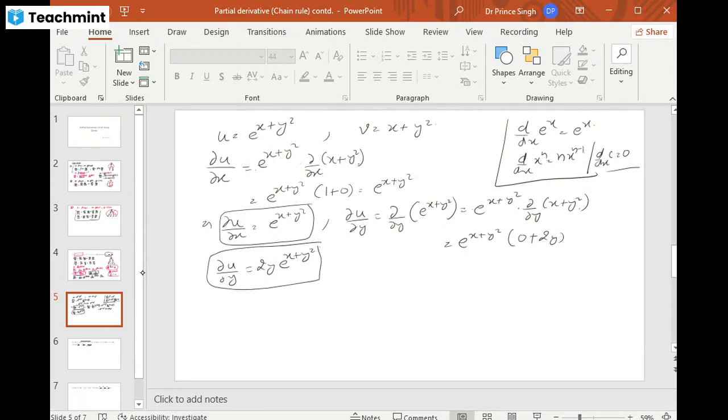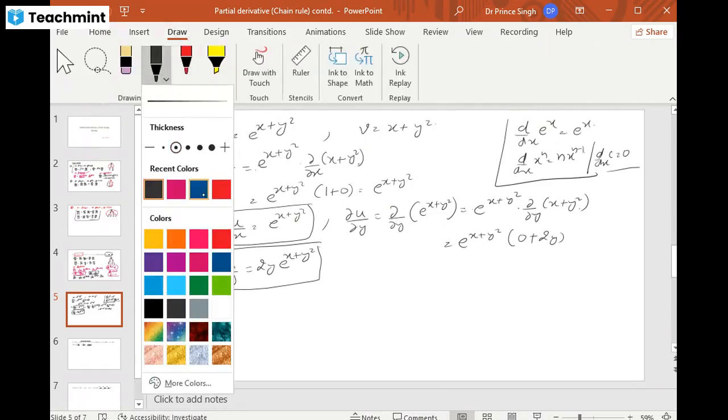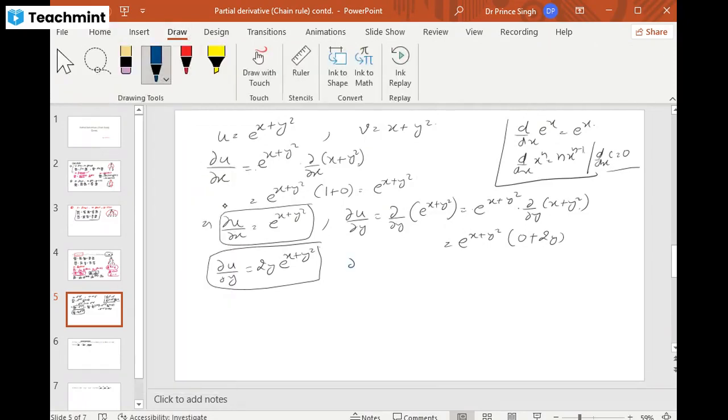Next, we need to find the derivative of v with respect to x. So if we differentiate ∂v/∂x, this is ∂/∂x of (x+y²). We are differentiating with respect to x, then y is treated as a constant. Its derivative is 1, so ∂v/∂x is 1.